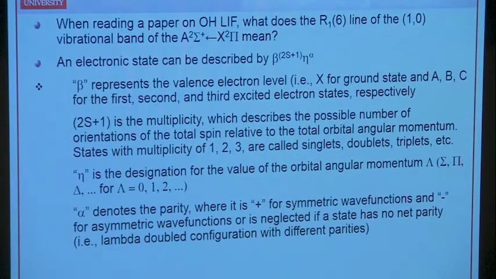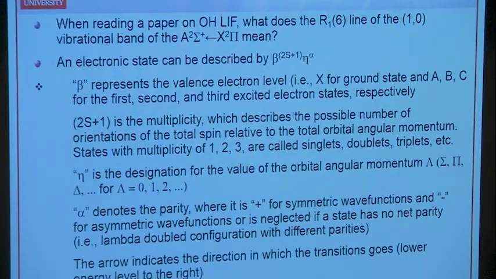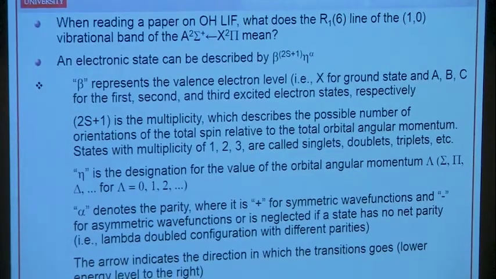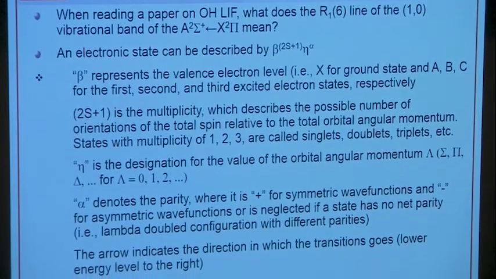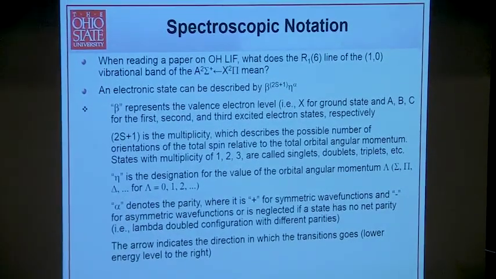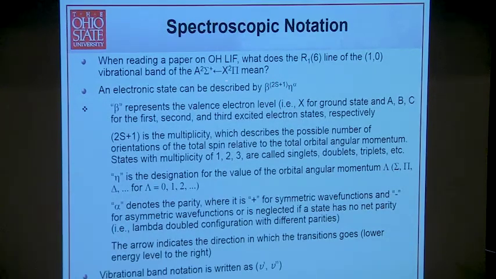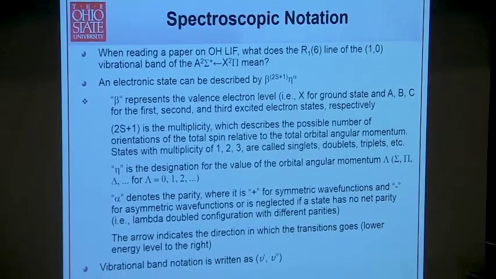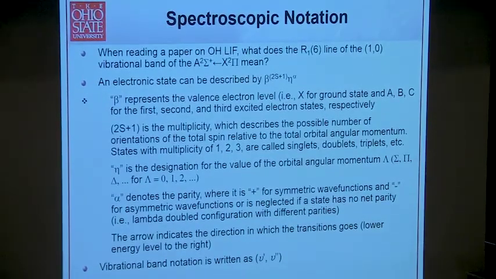So really, one thing I do want to take a step back and say, what are these different Hund's cases or these different coupling cases? They're actually just explanations of observations. That's all they are. You saw something, and then you had to create a certain case to characterize it. Okay? And then coming back to our nomenclature, this arrow just says what direction it goes, ground state to excited state. Vibrational band's easy. V prime, V double prime.